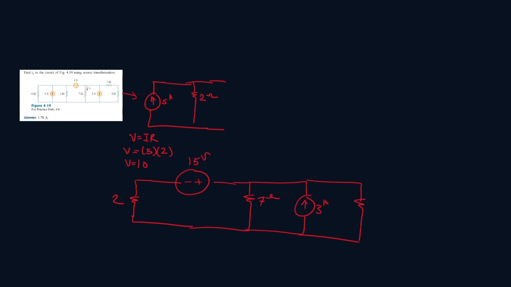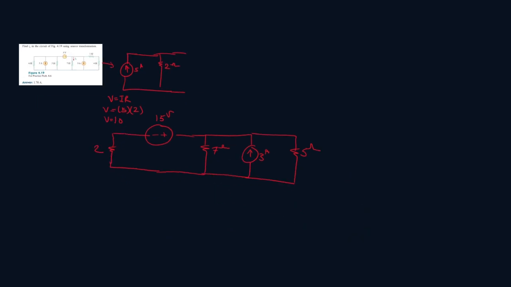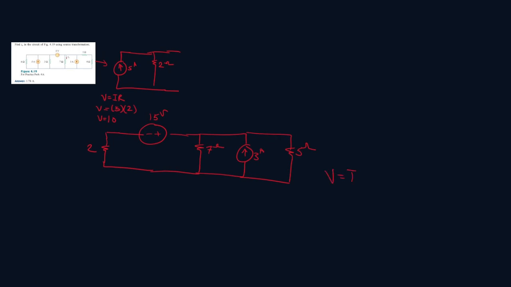15 volts. Alright, now let's see what we can do. Sorry, this is 5. I forgot to write that. But yeah, okay. Now we can combine these two. So we know V is equal to IR again. So voltage is equal to the current, 3 times the resistor, 5. The voltage is equal to 15.